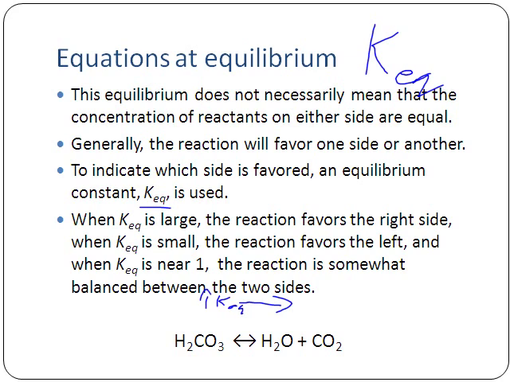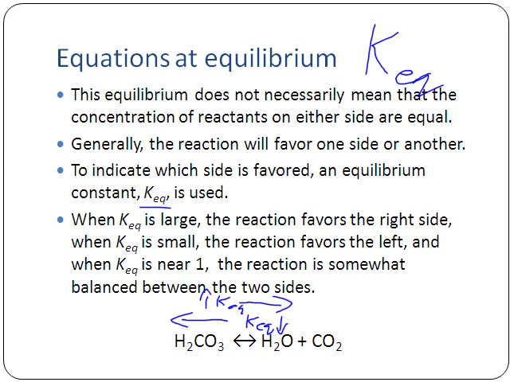On the other hand, if Keq is small, the reaction is going to favor the left side. So if Keq is small, it's going to typically have more concentration on the left than on the right. When we say small, we're basically meaning a small decimal. Keq does always have to be positive. Now, if Keq is near 1, then the reaction is somewhat balanced between the two sides.